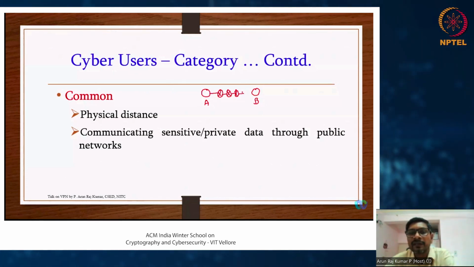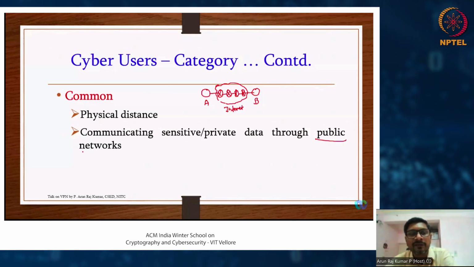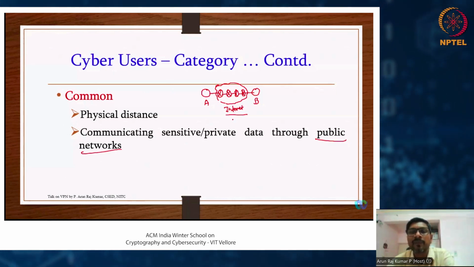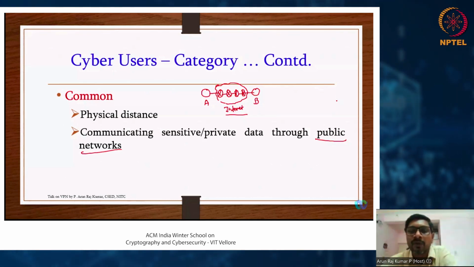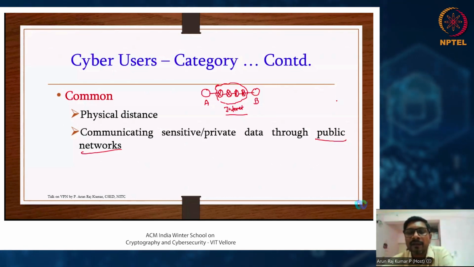Where these routers are, you don't know. This is what we call the internet. From A to B, you are traveling through a public infrastructure network, the internet. When you're doing a banking transaction, it goes via this. When you're checking email, it goes via this. So everything is through a public infrastructure network. So these two things are common with respect to all the four categories, right?